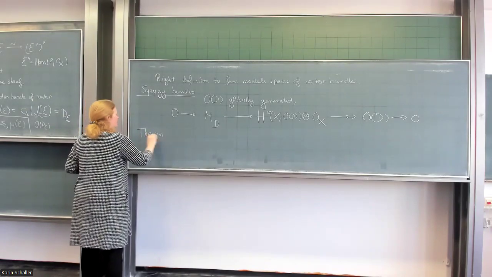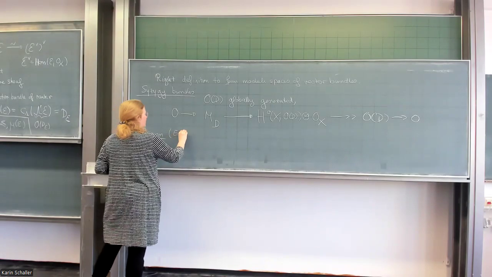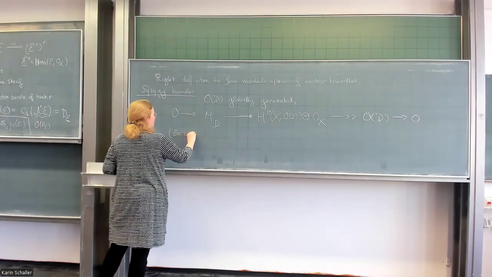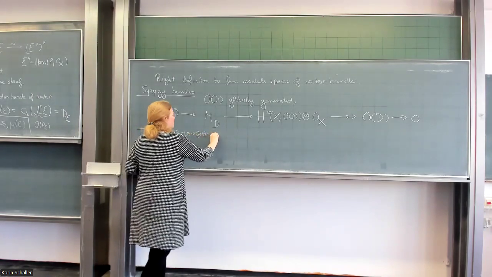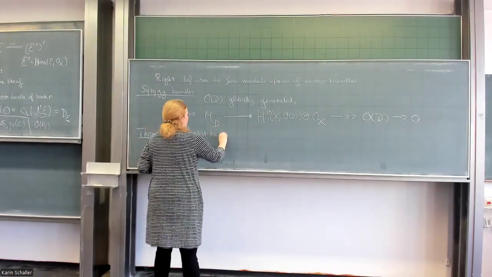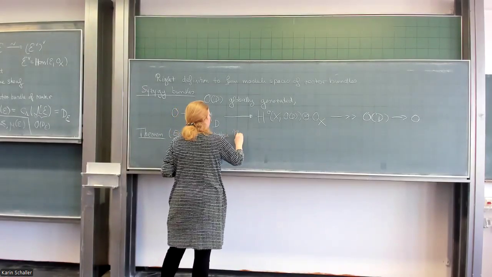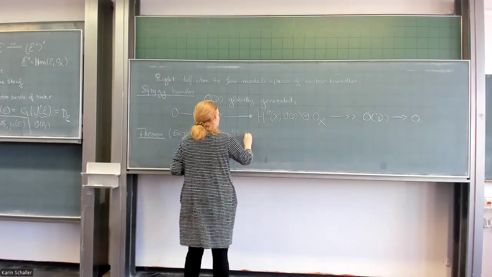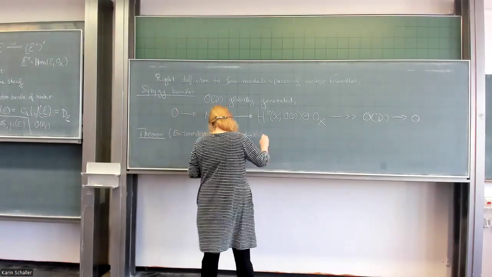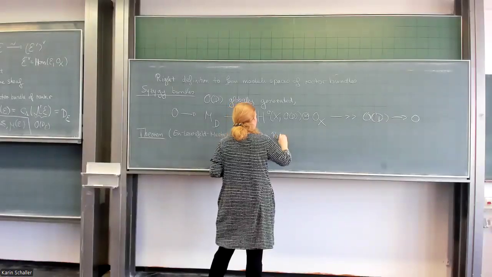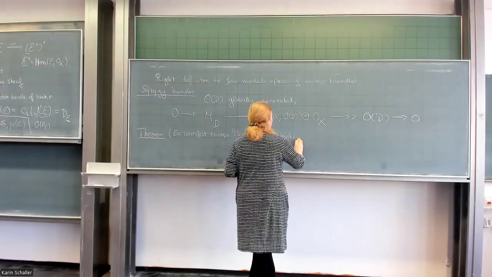This is due to Ein, Lazarsfeld and Mustopa in dimension of X equal to 2, and Coandă and Trautmann, and Kuřerovski in arbitrary dimension.